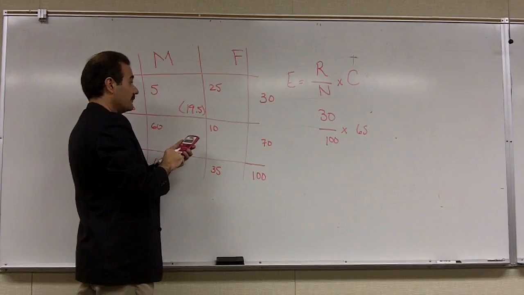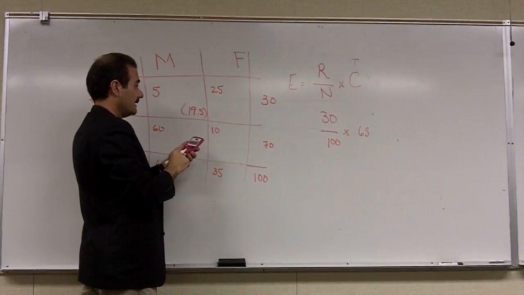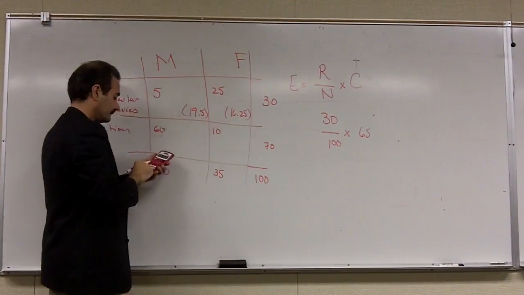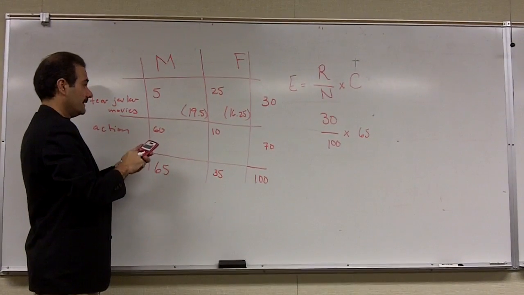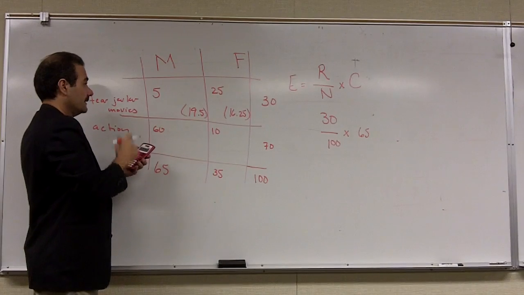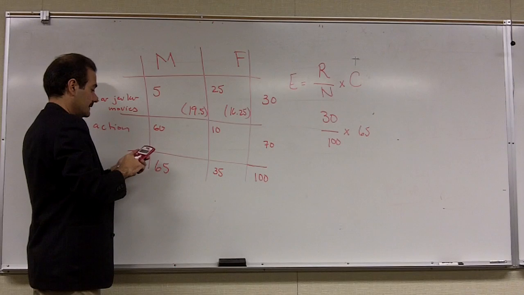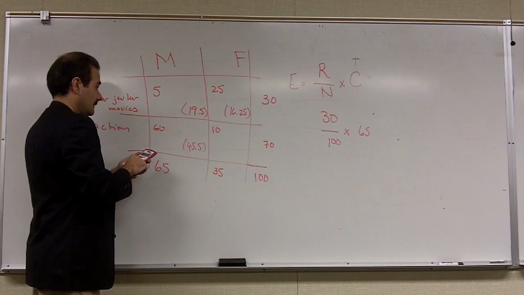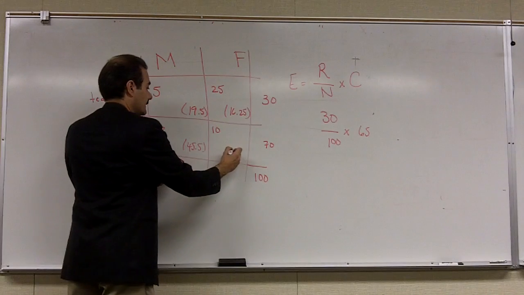And how about this one? 25 divided by 100 multiplied by 65 gives us 16.25. 70 divided by 100, and then 0.7 times 35, 24.5.